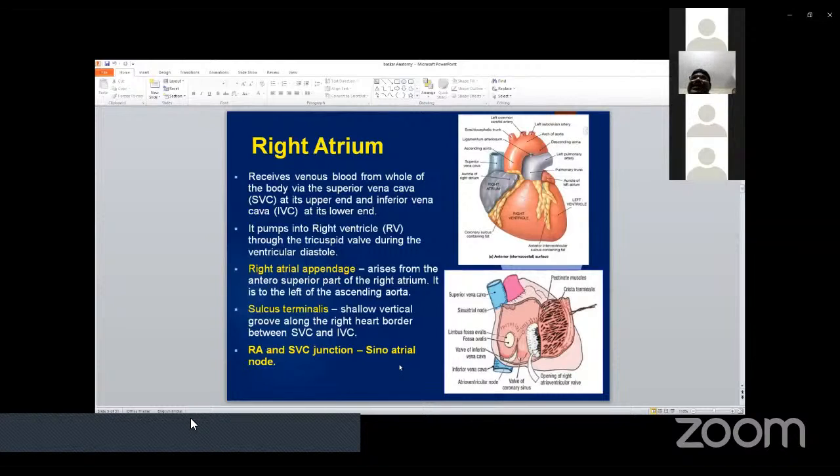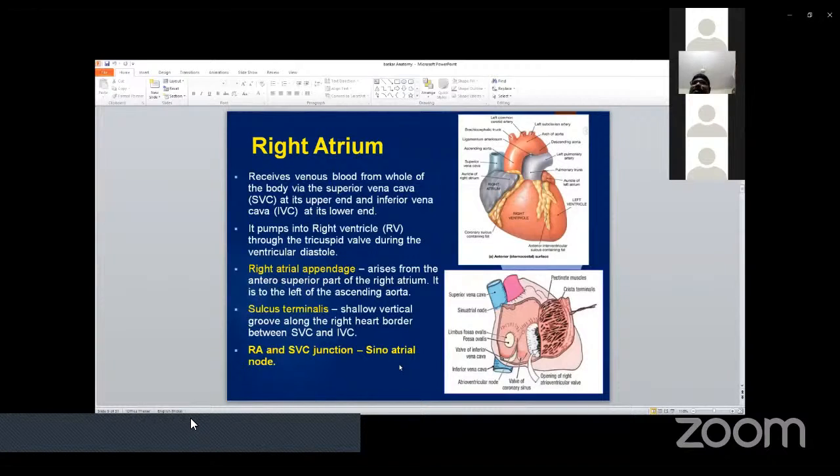Next, this deoxygenated blood passes to the right ventricle through the open tricuspid valve, from the right atrium to the right ventricle. Then the right ventricle is filled with deoxygenated blood. Once it is filled, it passes to the lungs through the pulmonary valve.